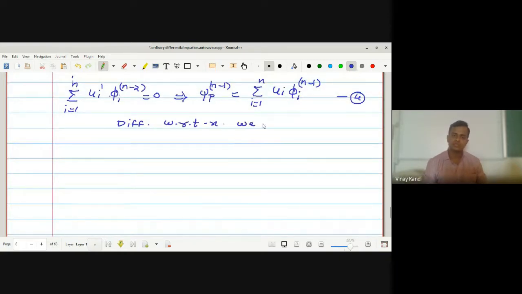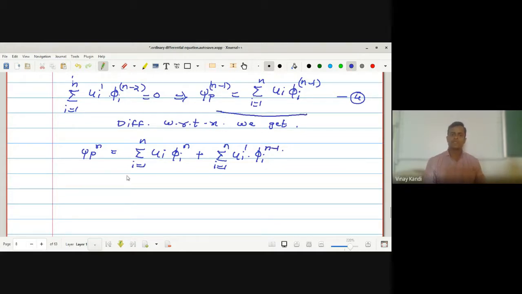We get ψp raised to n, which is equal to summation i running from 1 to n ui φi raised to n plus summation i running from 1 to n ui' into φi raised to n minus 1. We differentiated equation 4.